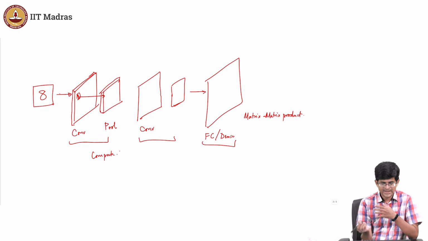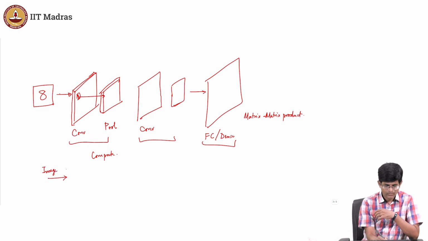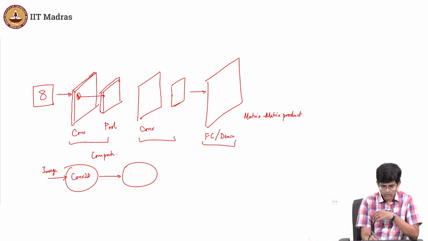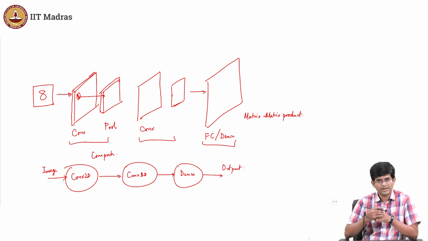Once again I can start thinking of them as I have an image, I have a task which is a two-dimensional convolution, I have another two-dimensional convolution, and then I have a dense layer and I have output. Starts to look familiar, the same structure again.